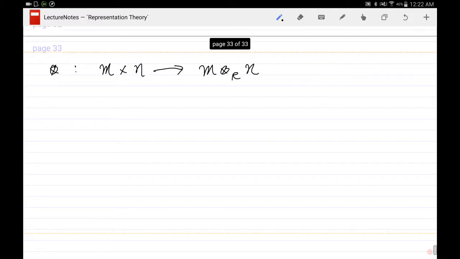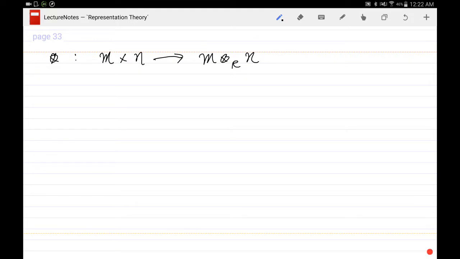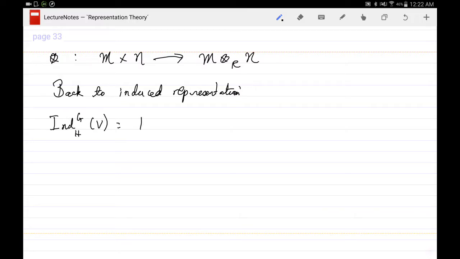But let's go back to our induced representation. So remember, we're trying to understand the fact that the induced representation is this KG module tensor the vector space over this other KH module.